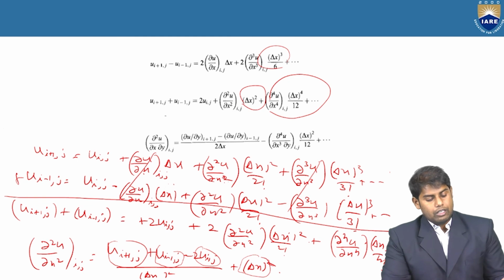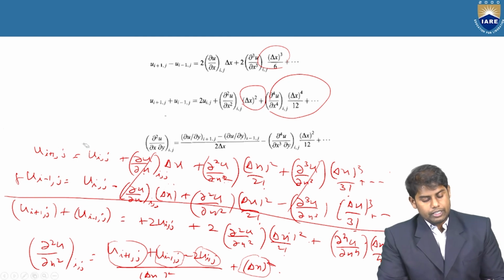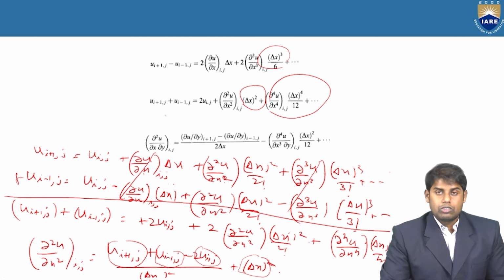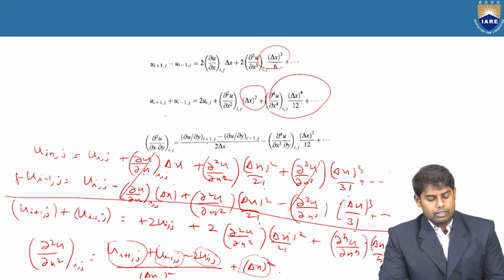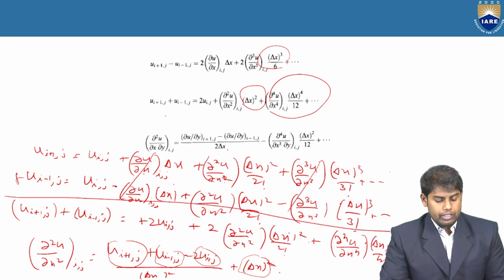Now for the next, the mixed derivatives. The meaning of mixed derivative is ∂²u/∂x∂y. If you subtract ∂u/∂y at i-1 from ∂u/∂y at i+1, for the central difference over 2Δx, this is what we have as the mixed derivative.